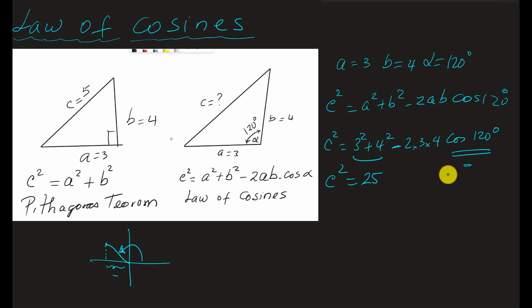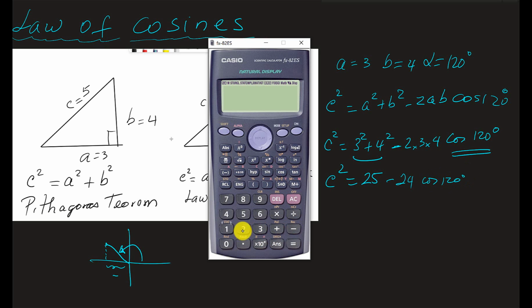Check that with the calculator. 25 minus 24 cosine of 120. See?